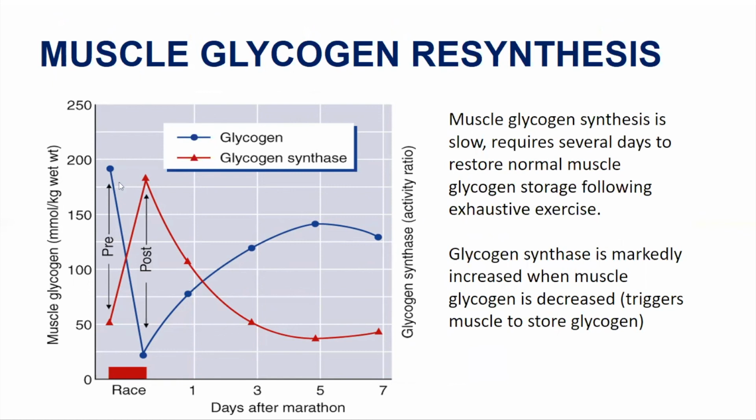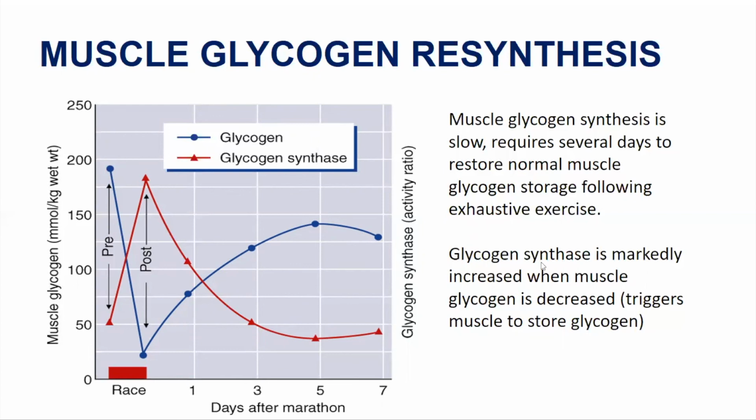So you can see that glycogen during the event has decreased, and as a result, glycogen synthase, an enzyme which helps to increase glycogen synthesis, is going to increase, but it takes a little bit of time over the next few days to maximize glycogen storage again.